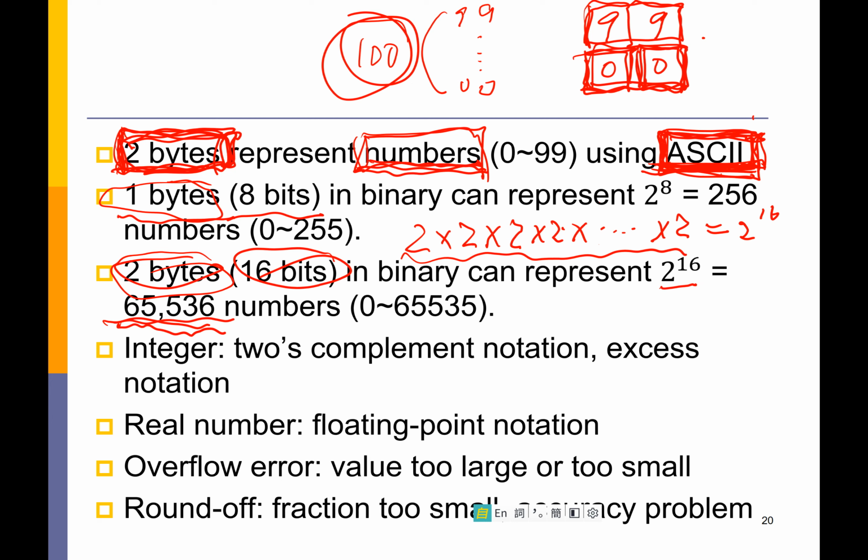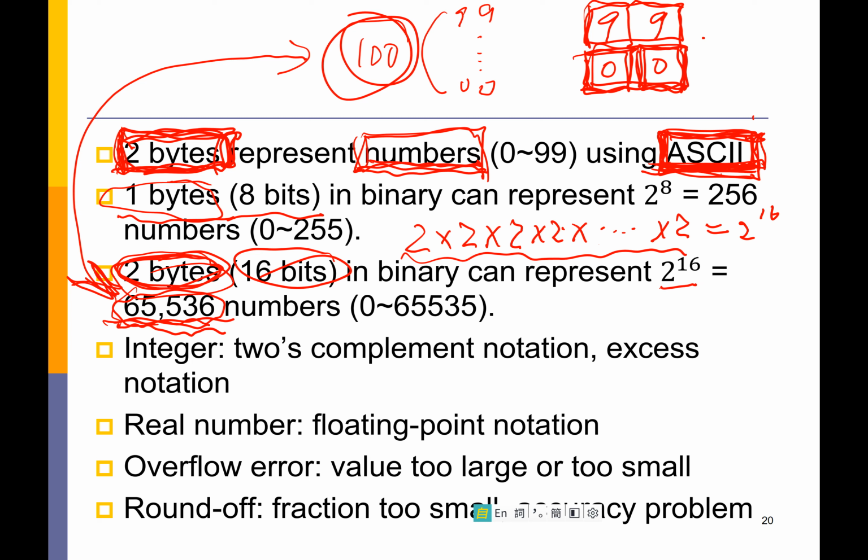But if we treat these 2 bytes as a binary system and use it to represent numbers, we can represent 65,000 something, which compared with 100 is much more.